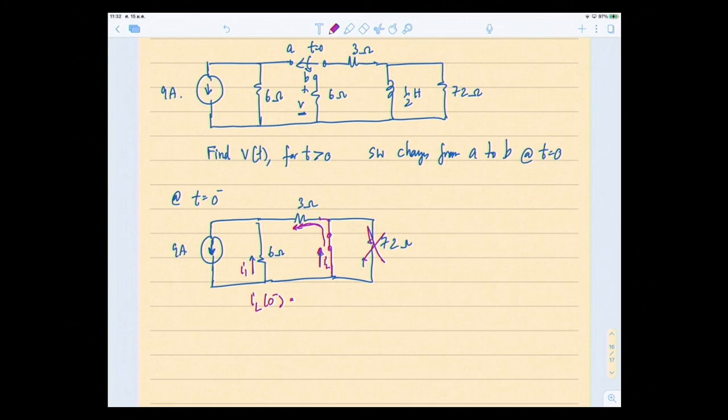I'm using my short circuit formula for the current divider into two paths. So IL at 0 minus becomes 6 over 6 plus 3 times 9 amps, so equal to 6 amps. Okay, so that's that, right?